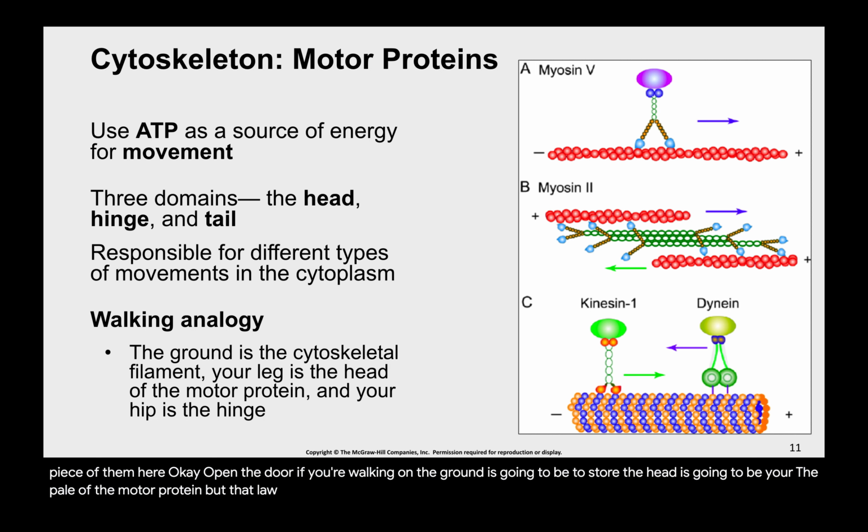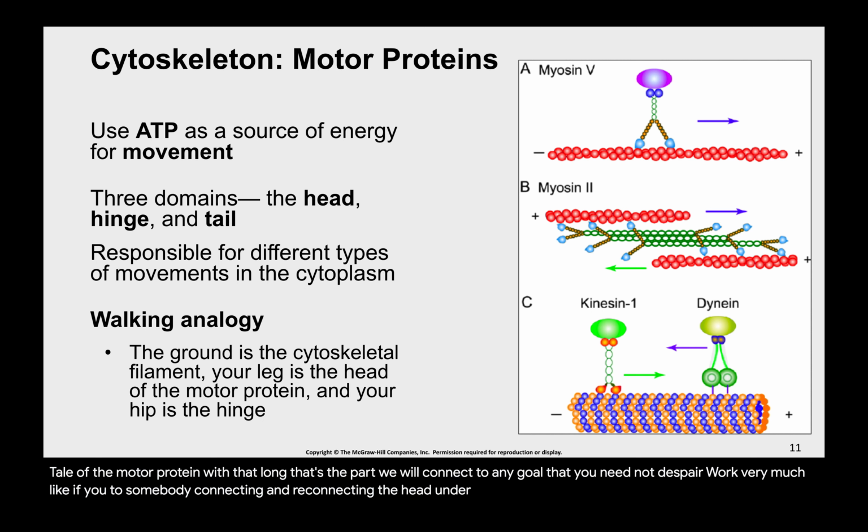So it's that long structured part, which typically will connect to any cargo that these proteins might be carrying. And your hip is the hinge. Some of these work very much like if you would see somebody walking. The hinge is moving those tails along, connecting and reconnecting the head on different parts of these filaments.